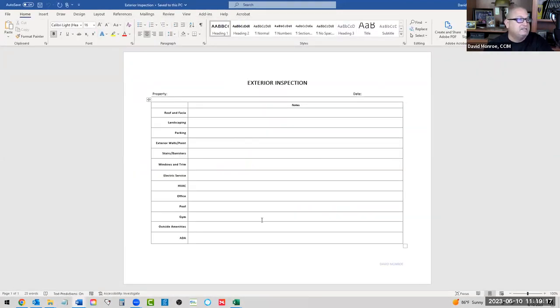It was just really easy to use. So we can write notes about what we found on roof and fascia, landscape, parking, exterior wall paint, stairs, banisters, windows and trim, electrical service. That's outside electrical service, the main panel. HVAC, office, pool, gym, outside amenities, and of course, ADA, if there was any ADA.